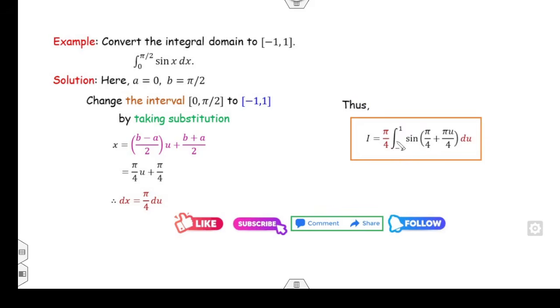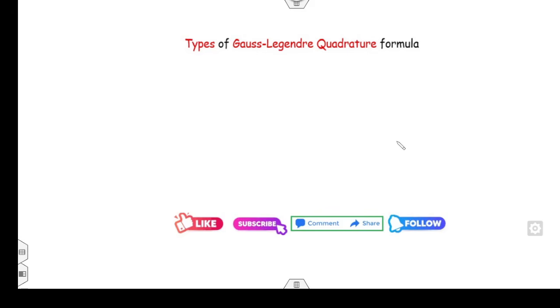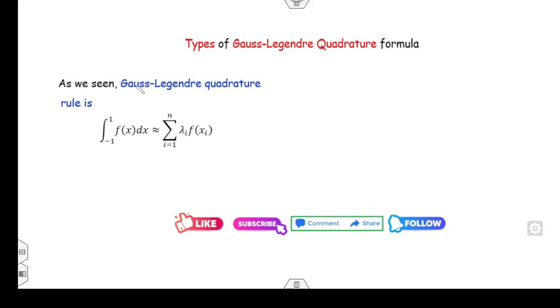Now, what are the various types of the Gauss-Legendre quadrature formula? As we have seen, the Gauss-Legendre formula is applicable from minus 1 to plus 1, based on the nature of this value of n. You can choose n is 1, n is 2, n is 3, and so on. If you choose n is 1, then we call it the one point Gauss-Legendre quadrature formula.